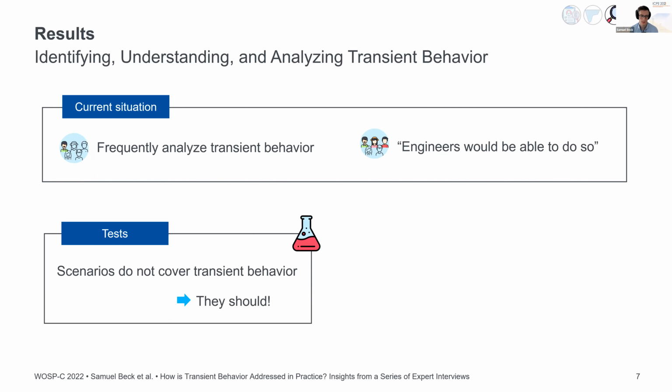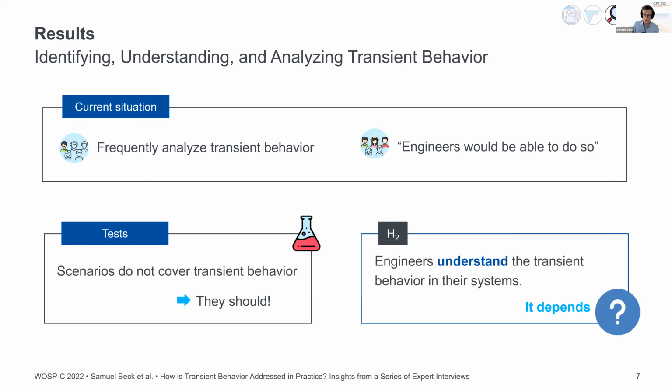Some of the interviewees also talked about testing before production, and they mentioned that their test scenarios usually do not cover transient behavior because of the complexity of those scenarios and because of the effort that it would be required to create a test setup. However, they believe that scenarios for testing should cover transient behavior as well. So that would be an interesting research direction maybe to look into in the future.